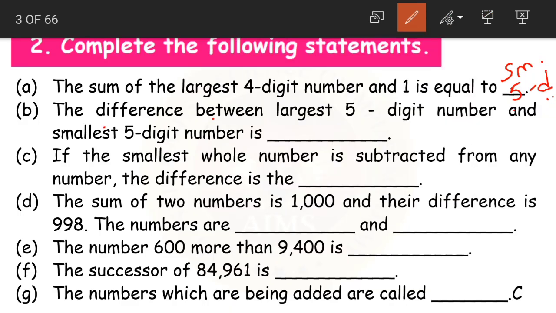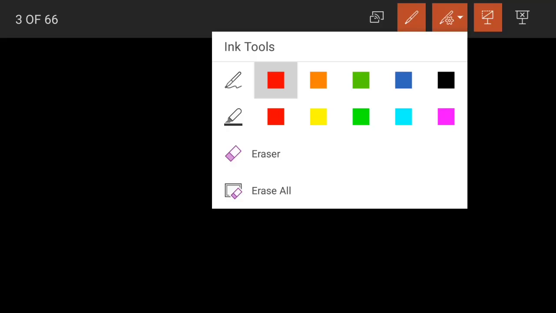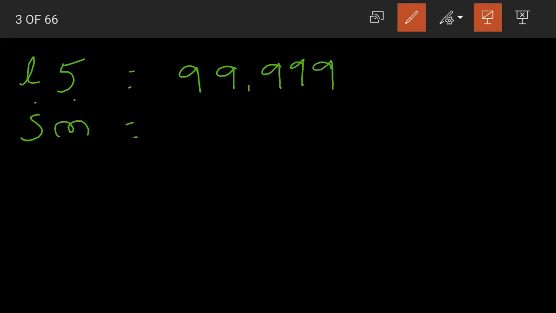The difference between the largest 5-digit number and the smallest 5-digit number is dash. Now what is the largest 5-digit number? It is 99,999. 5 nines, right? 1, 2, 3, 4, 5. 5 nines become our largest 5-digit number.